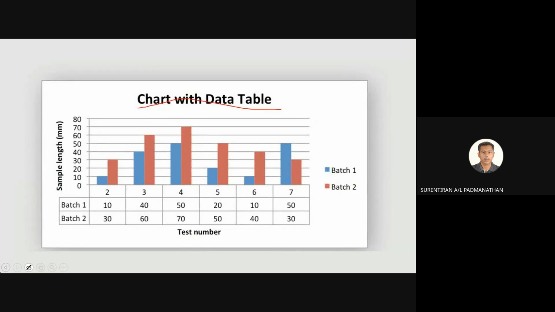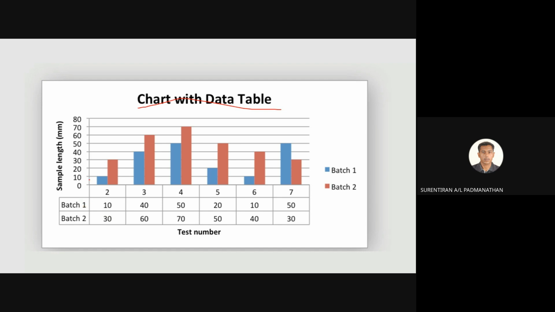You can see that chart with the data table here, right? From the chart itself, they converted it into a table, so that we can see directly.